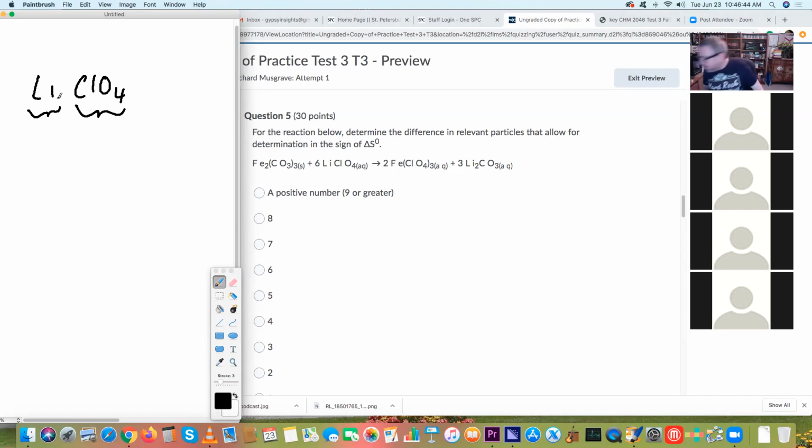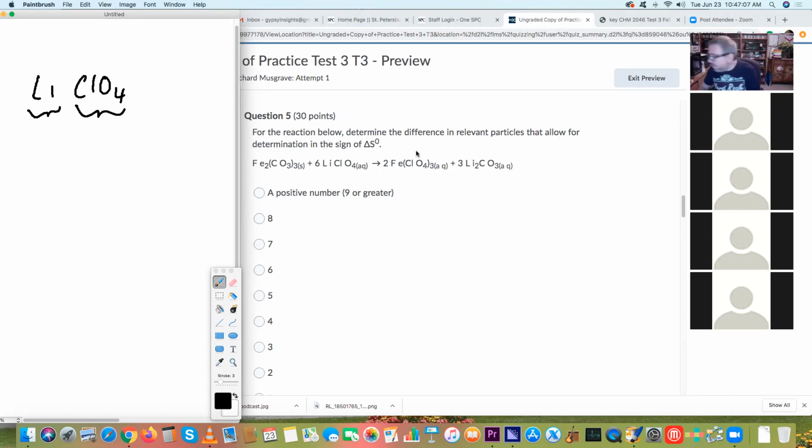On the reactant side, yeah. So this is the thing. If it's a polyatomic ion, when you've got two things here, that's only going to be one particle. How would you know there was more than one of those? The parentheses. Yeah, the parentheses, and you can see that on the other side here. We know that that's one Fe and three separate ClO4s.